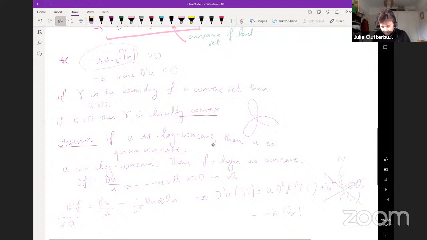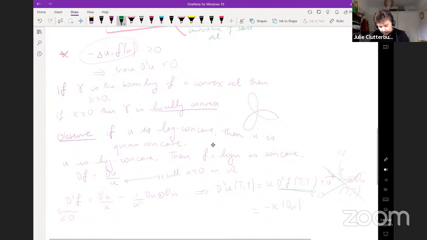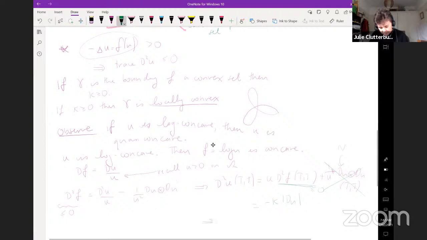So what we've found is that if this D2f is negative semi-definite, then this means that our curvature must be non-negative.